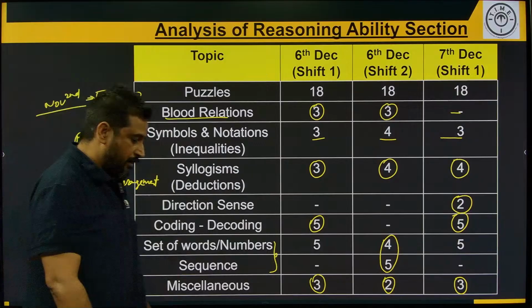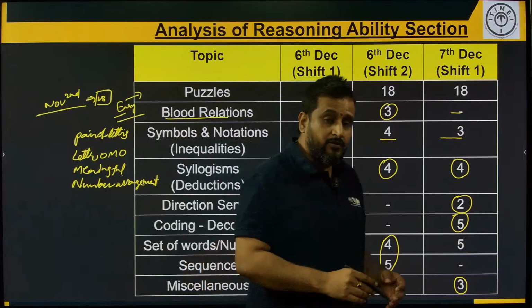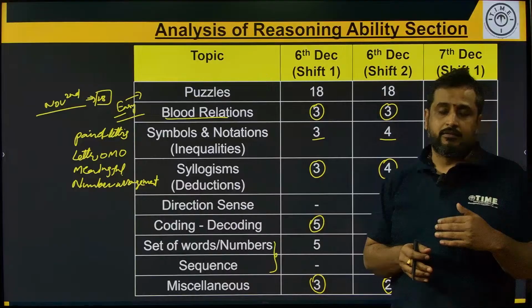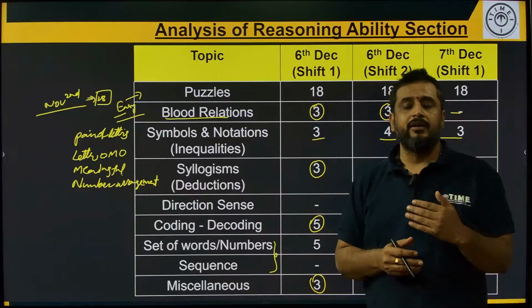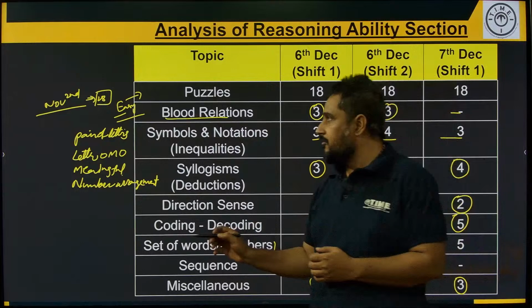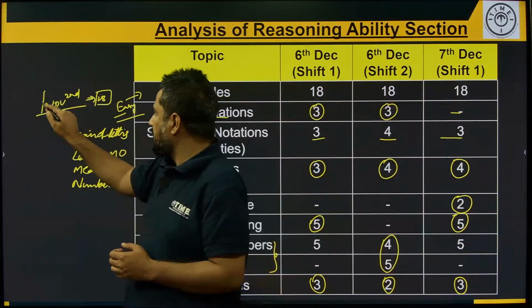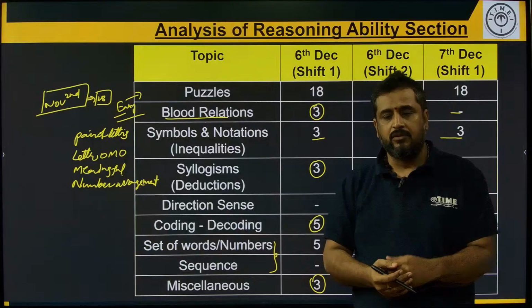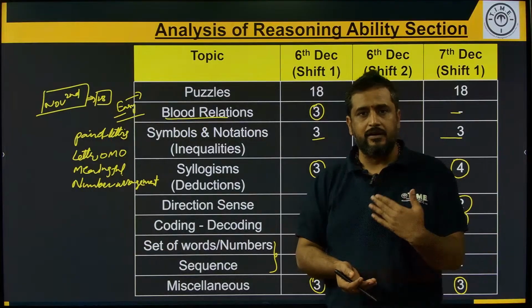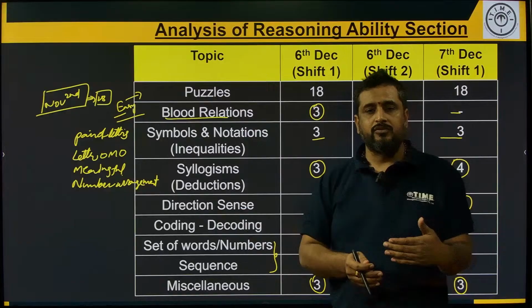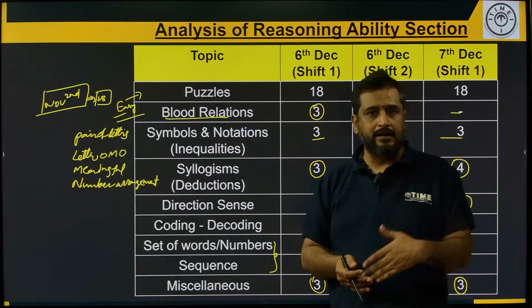Also, students who attended the exam gave feedback that the clues in the puzzles are given in the respective order. We even suggested this in our session of November 2nd: the examiner gives the clues in order. So by starting from the first clue, when they reach the last clue, they get the final arrangement, and it is proven with this exam also. So students did not waste time reading the entire data.